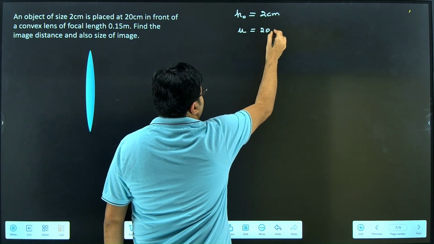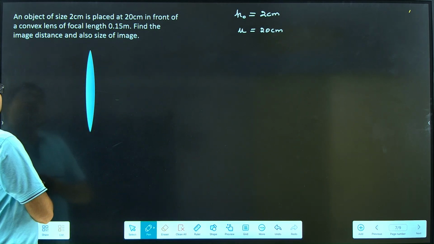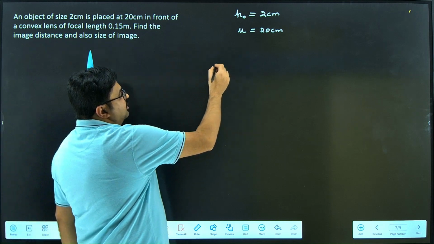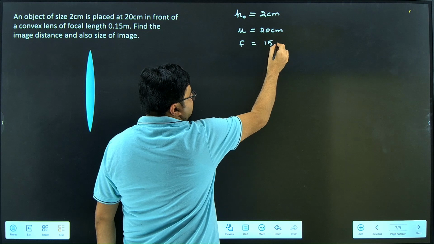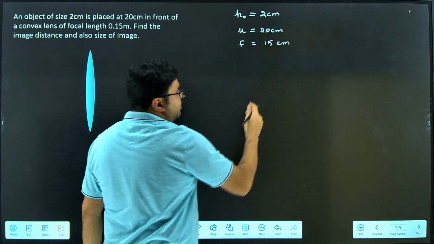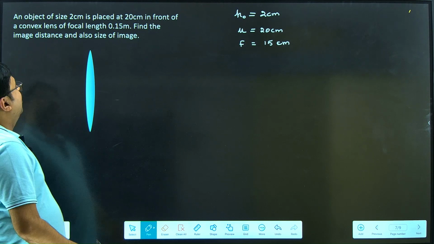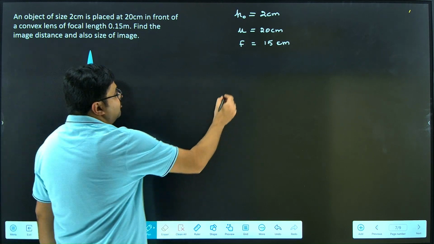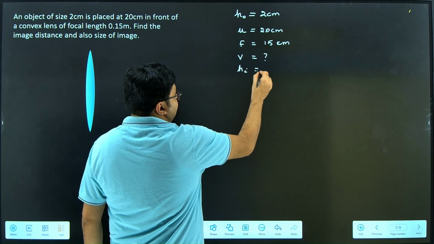That's 20 centimeter. We will bother about the sign convention in a while. A focal length of 0.15 meter. The focal length of the lens has been given to us. 0.15 meter is 15 centimeter, right? So we will write 15 centimeter. Find the image distance and also the size of the image. You have to find the image distance and the size of the image. HI has to be found.